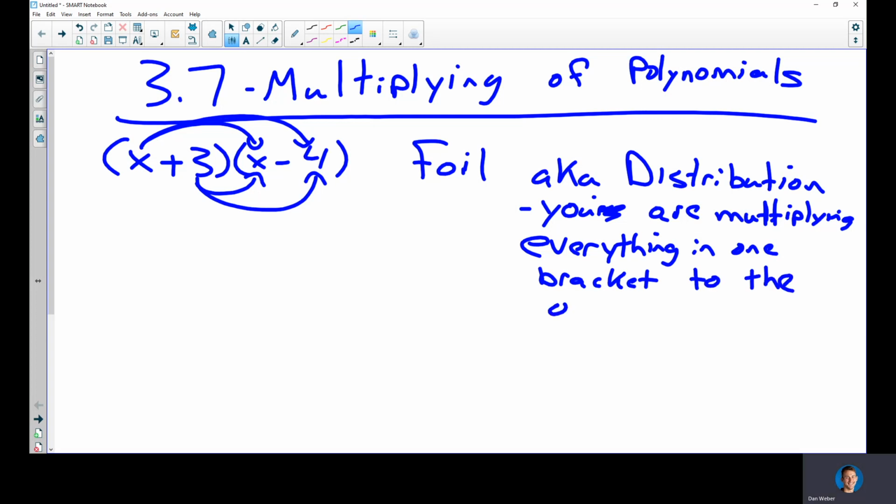I wasn't even using FOIL. Well, you're just multiplying like this and then this, right? Well, you don't really need to do the first part because you always use the left-right. That's how you solve it when you're expanding. Yeah, but now we're going to get into ones that are going to look a little fun. Okay. So let's start with some examples here.